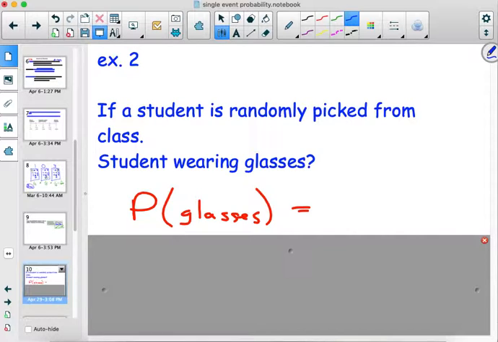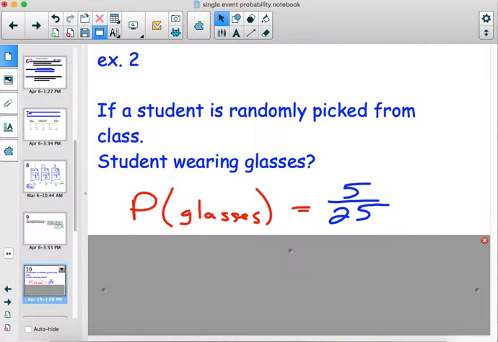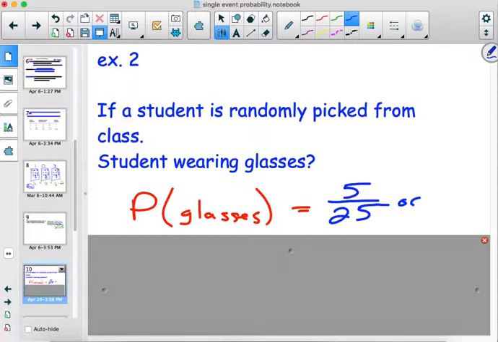Yes, that is a fraction. Or divide by 5, it'd be 1/5, which is 20%.